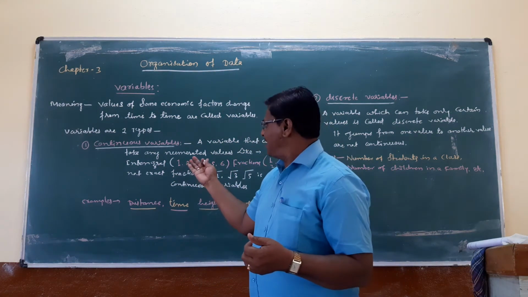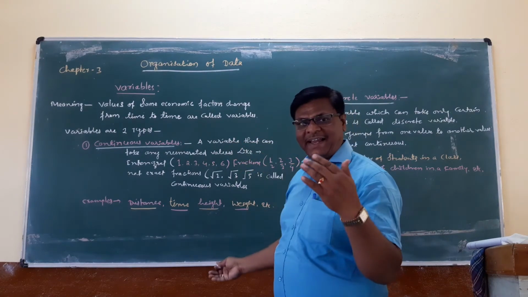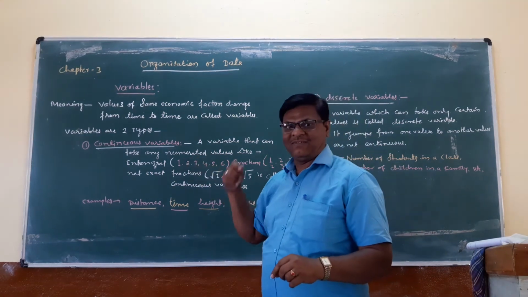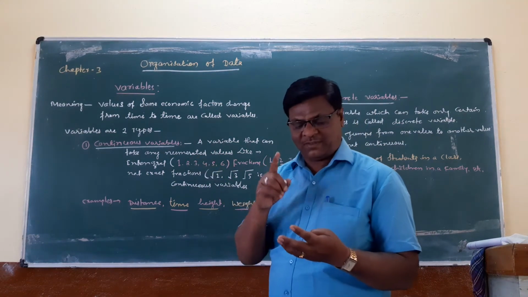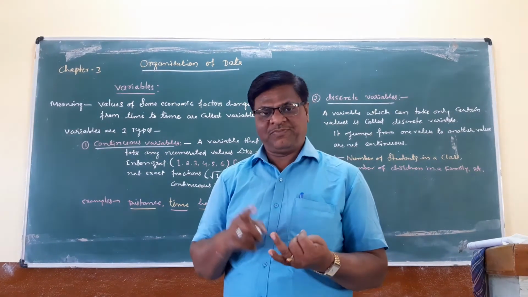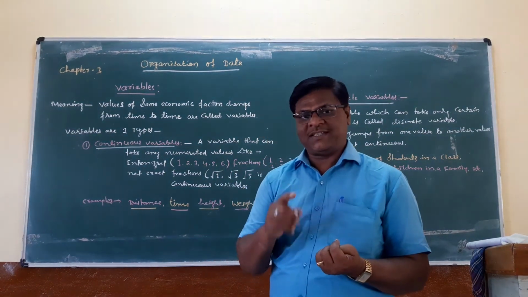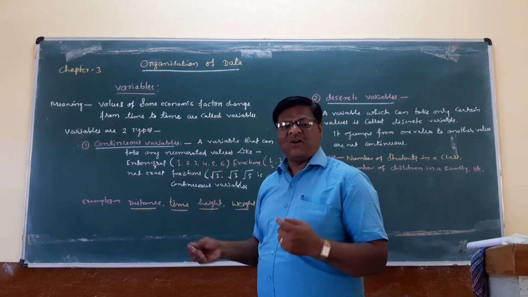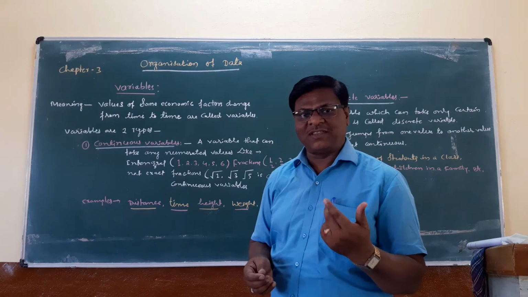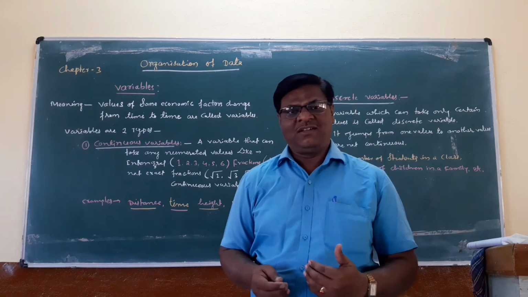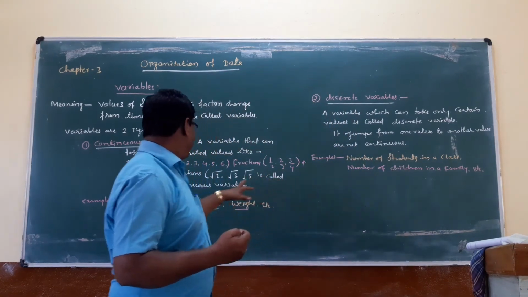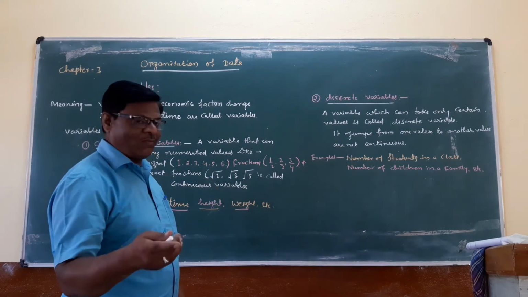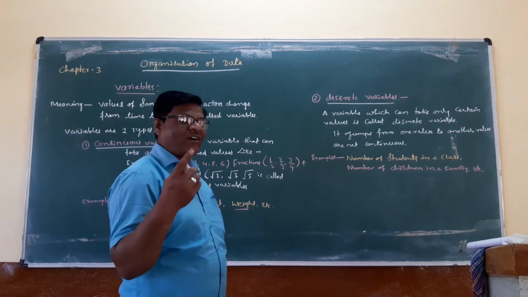A continuous variable is a variable that can take any numerical values, like integers 1, 2, 3, 4, 5, 6, and fractions 1 upon 2, 2 upon 3, 3 upon 4, and also not exact fractions like root 2, root 3 and root 5.